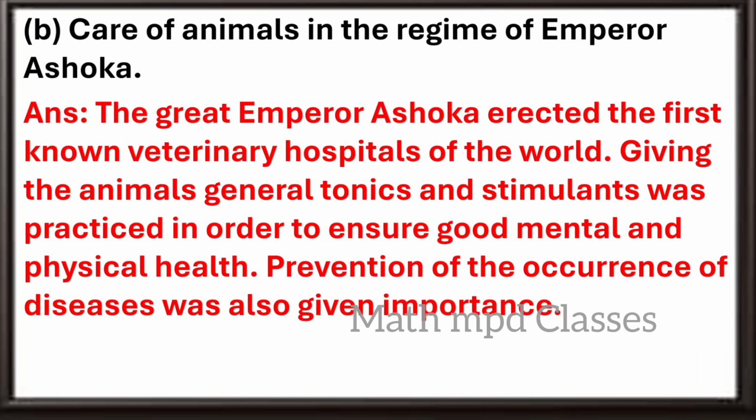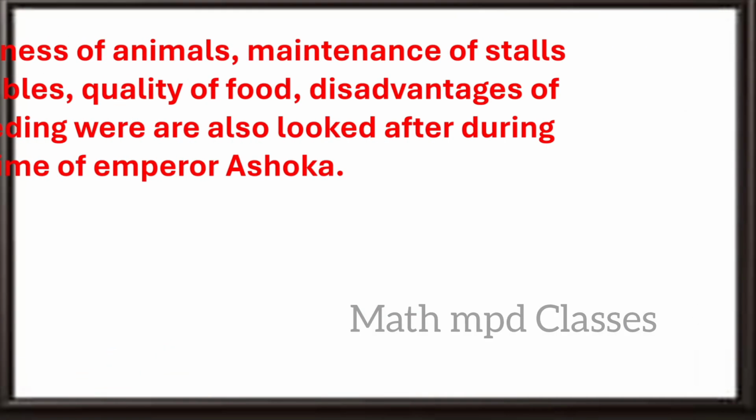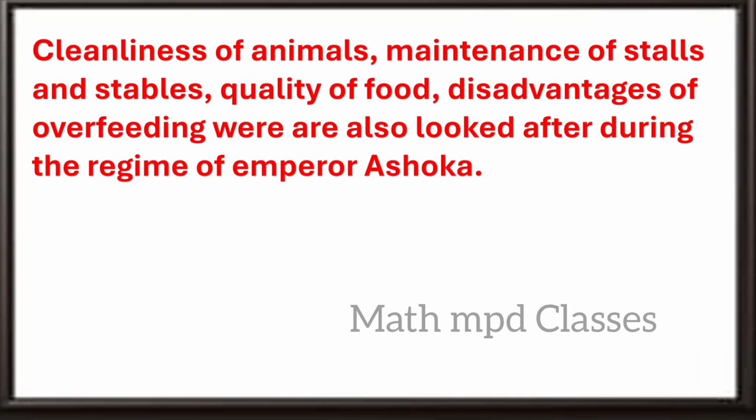Prevention of occurrence of diseases was also given importance. Next point, cleanliness of animals, maintenance of stalls and stables, quality of food, and disadvantages of overfeeding were also looked after during the regime of Emperor Ashoka.